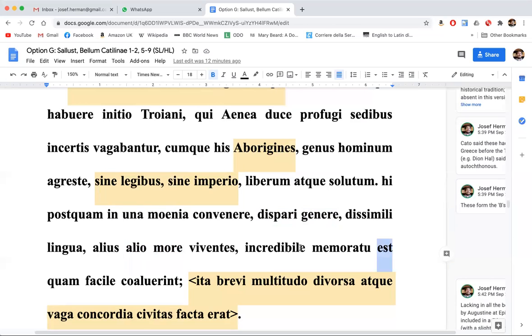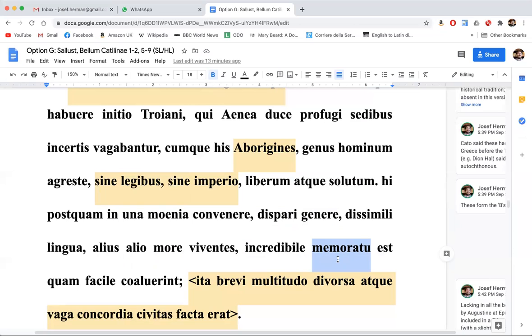It is, est, incredibile memoratu. It is incredible to recall. That's literally an ablative, sort of incredible with recalling or something. But in English, we would use the infinitive.